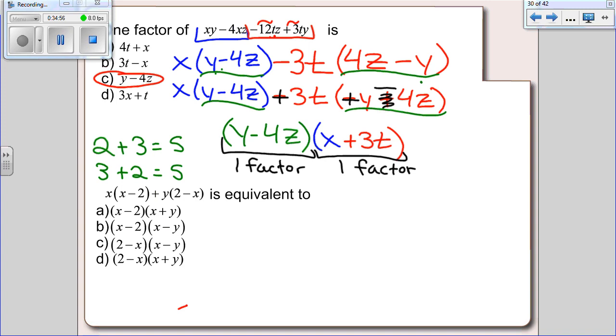All right. I want you to try this next question again on your own. I'll give you a couple minutes to think about it. This one? Yeah. So I'll give you a hint to start you off. The hint is that they've already done most of the grouping method for you.